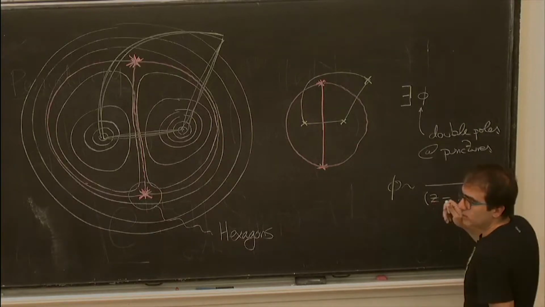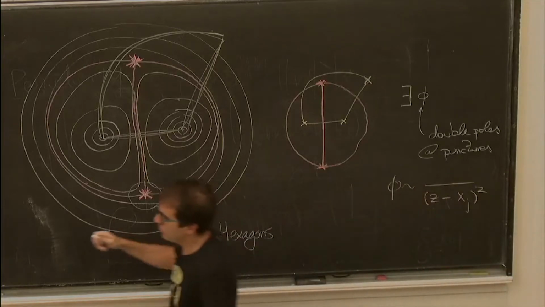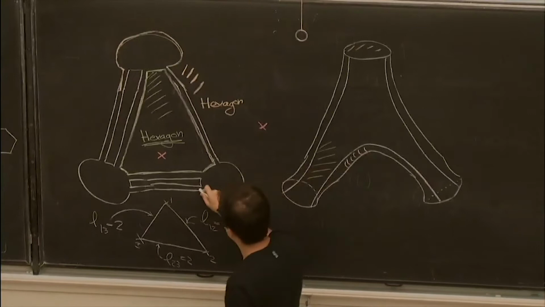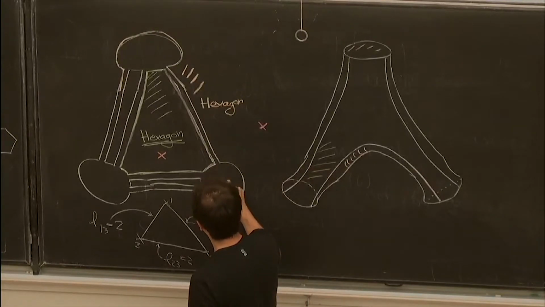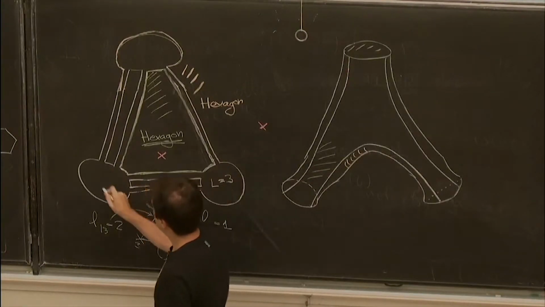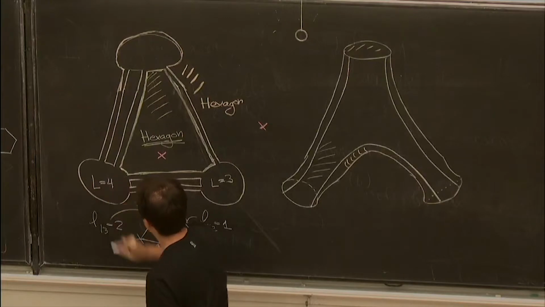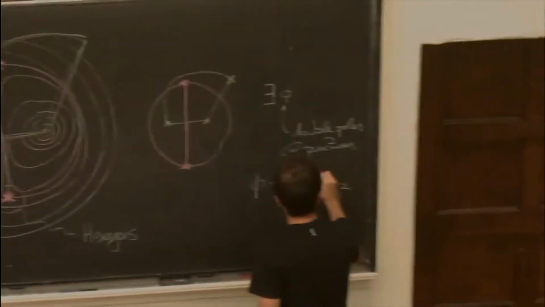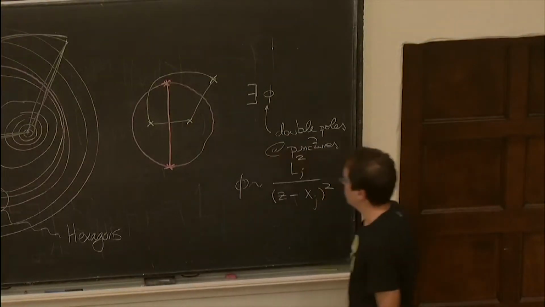So let's choose, with some insight, and I will explain soon why, the residue to be the size of the operator. For example, this has 3 propagators, so we say this has length 3. This has 4, we say this has length 4. And the other one has 3 as well. So let's say that the residue, but for now we are not making a connection yet.